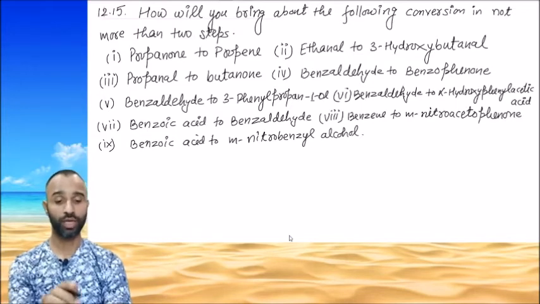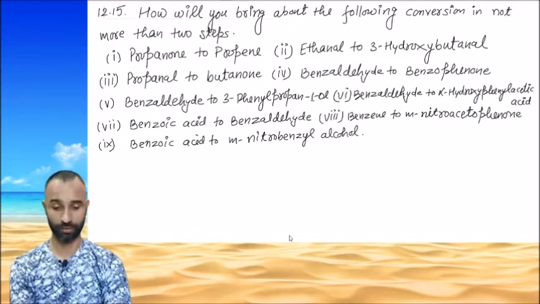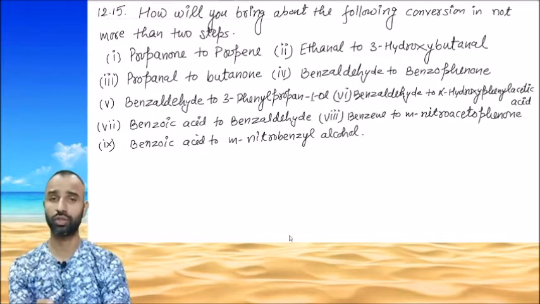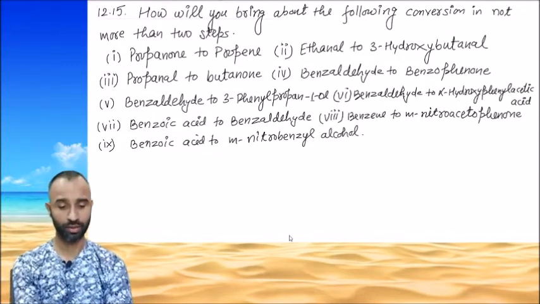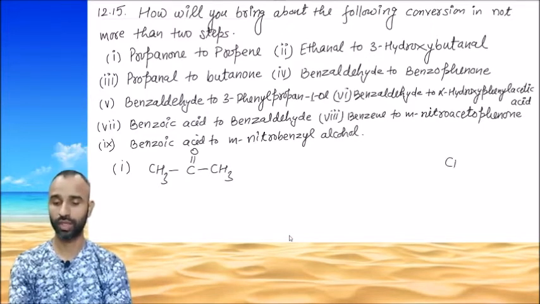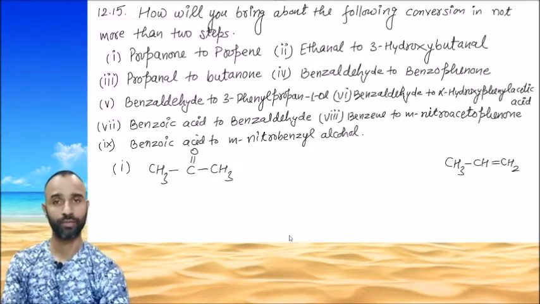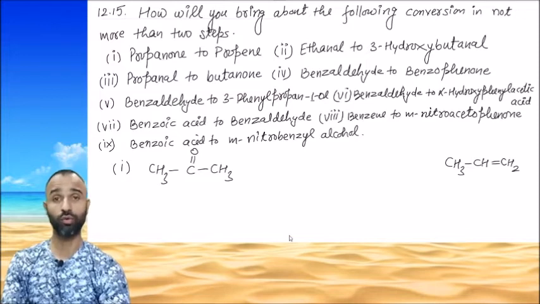Okay, first is propanone to propene. So first thing is you should draw the structures of both. See, in the first case we have propanone. Now propanone, we have to convert it into propene, right? Propanone to propene.